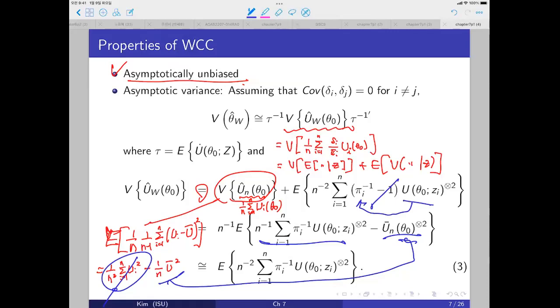So asymptotically, this is negligible. So then the formula, at the end of the day, is quite simple. Your variance formula is 1 over n times the Horvitz-Thompson estimator of the square.